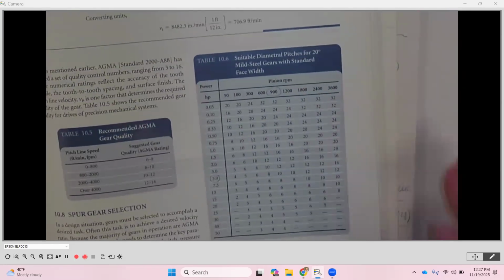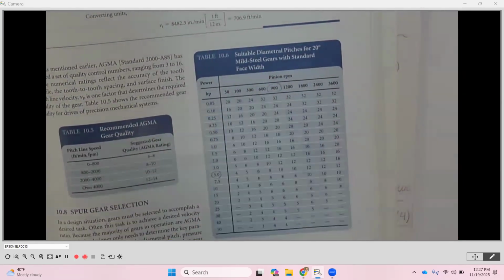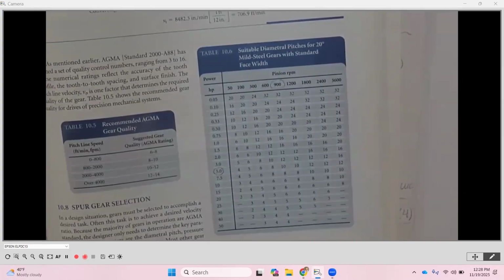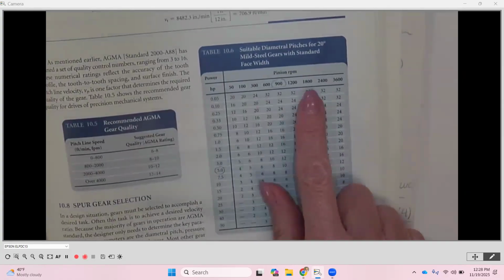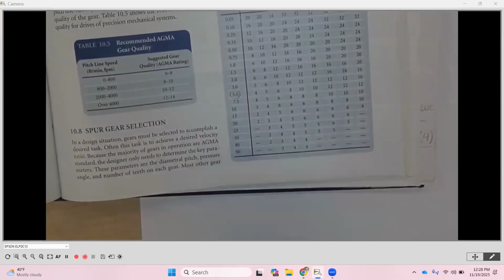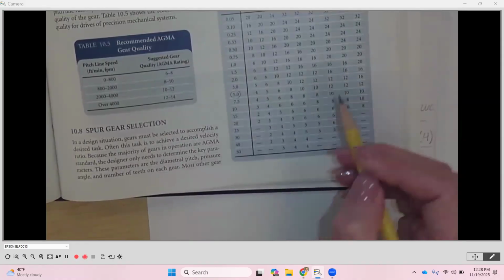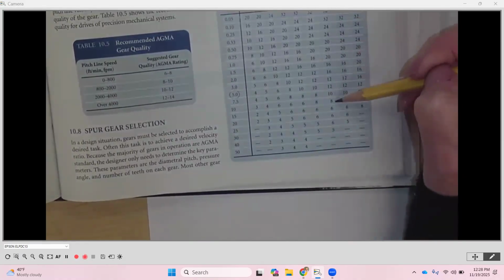Here you'll notice that this is that table 10.6. Again, it's on page 275. We're going to go over to the top here where it says 1800 RPMs, and we're going to find where we have 10 horsepower going down, and see where those meet. So 1800 is this column right here.